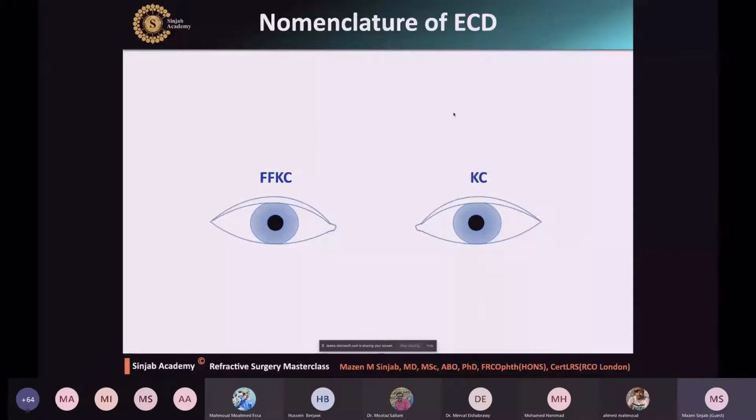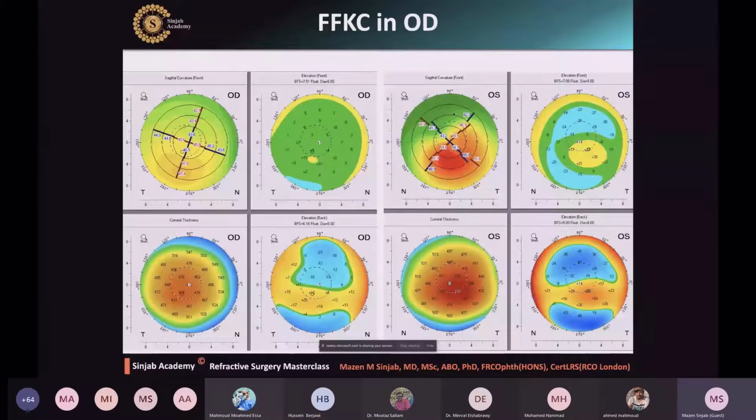What about forme fruste keratoconus and keratoconus suspect? If one eye is showing abnormality and the other eye is keratoconic, we call this forme fruste keratoconus. Like in this case, the one on the left is keratoconus. The one on the right, there is only abnormality on the anterior curvature map.